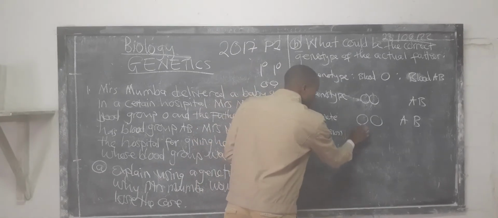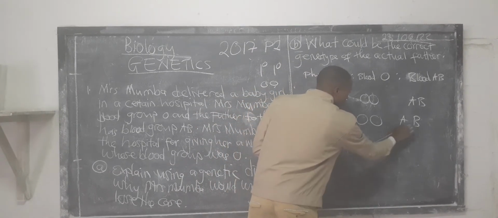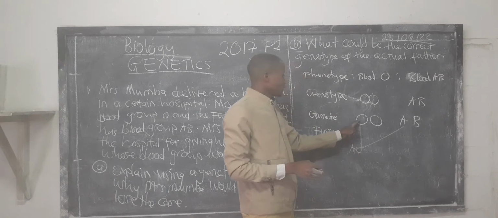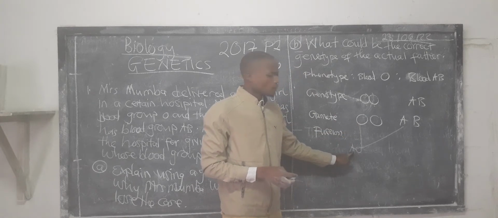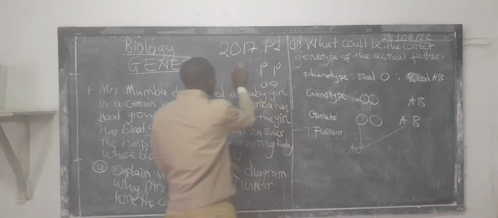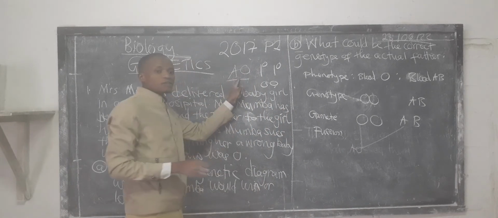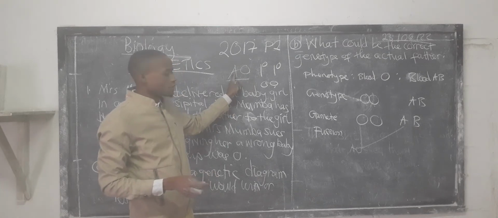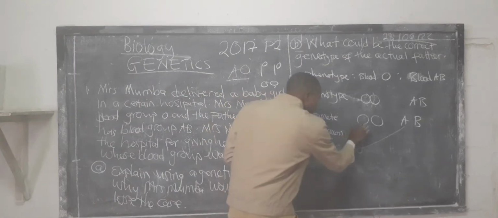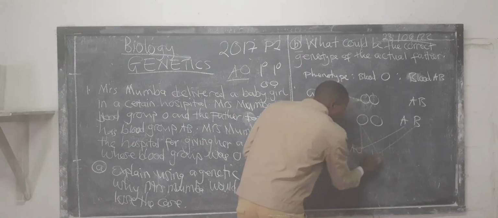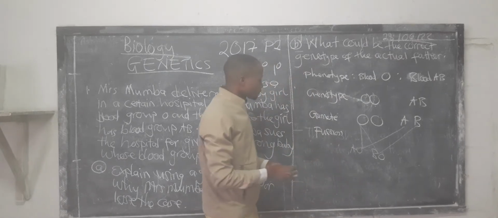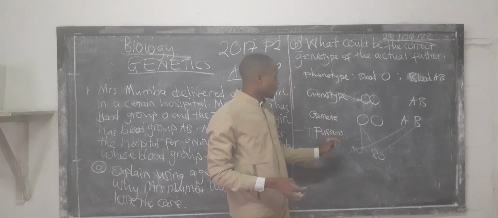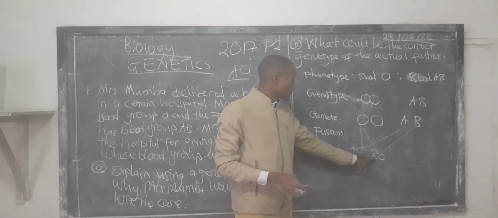So the genotype AO will give you blood group A. A is dominant over O, so we start with the A. When the genotype is A and O, the blood group of this person is A. O is recessive compared to the gene A. Again, the same gene with the other gene of the father, which will be B, gives BO. So this is blood group B. So the second child of this couple will have blood group B.